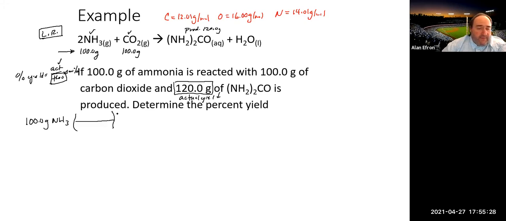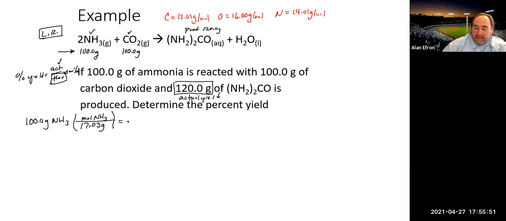Here we would go to the periodic table. We have one nitrogen at 14.01 and 3 hydrogens at 1.008. That's going to give us 17.03 grams per mole. Grams are going to go on the bottom so that they cancel, and that will convert our grams into moles.